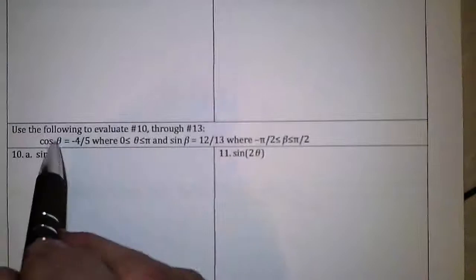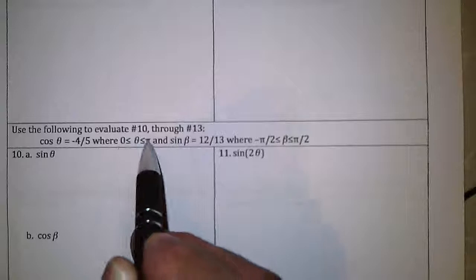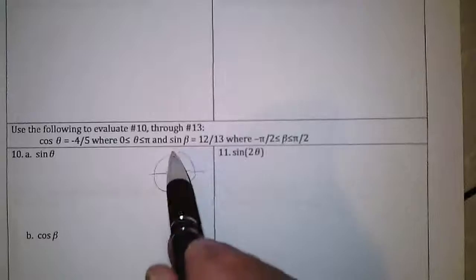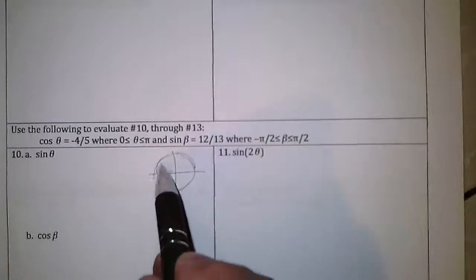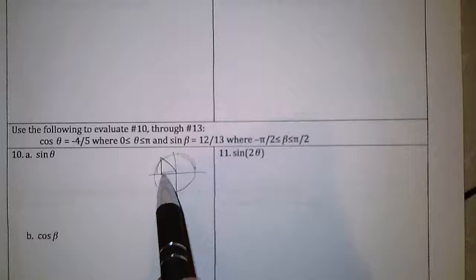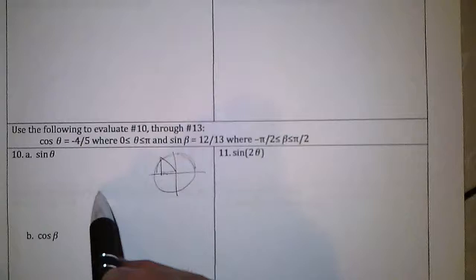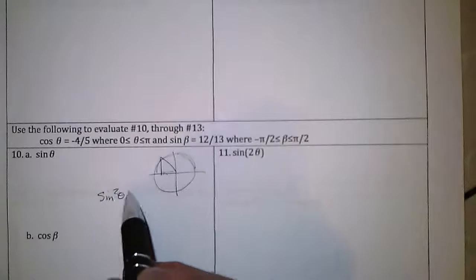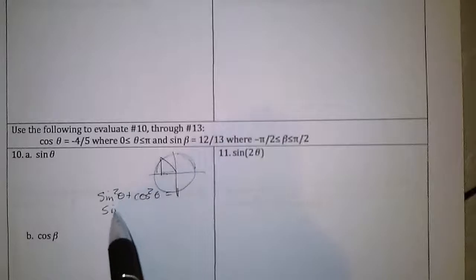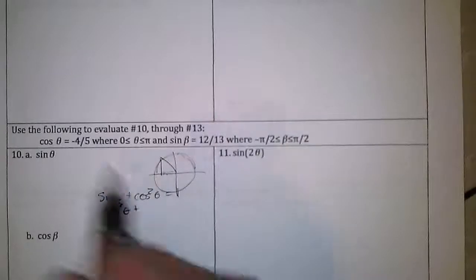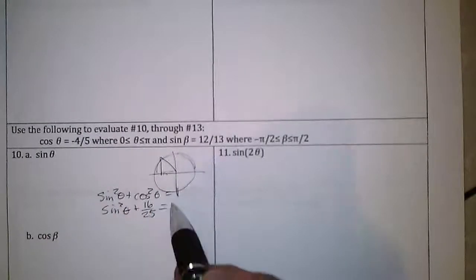Number 10. This says theta is between 0 and pi, which is first and second quadrant, and the cosine is negative, so it's got to be over here in the second quadrant. So if I use sine squared theta plus cosine squared theta equals 1, I'd have sine squared theta plus 4/5 squared, which is 16/25, equals 1.